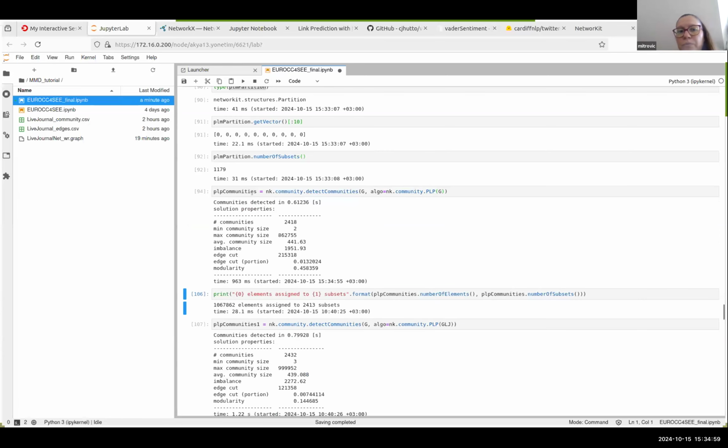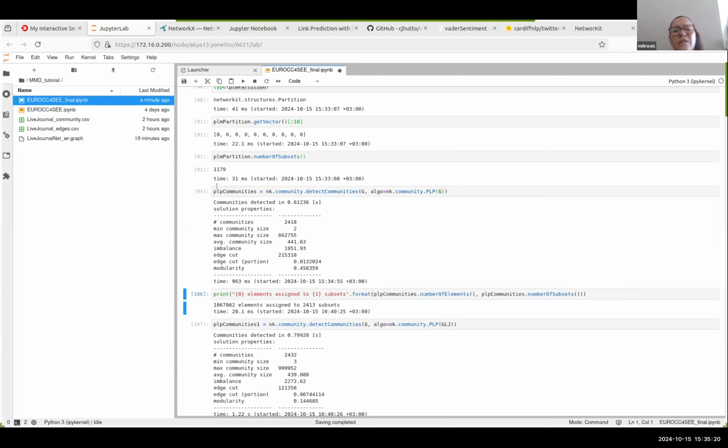As you can see, the label propagation algorithm for community structure found almost double the number of communities. This is also one thing that is kind of a problem with community structure, and that's that each algorithm has its own definition of communities.